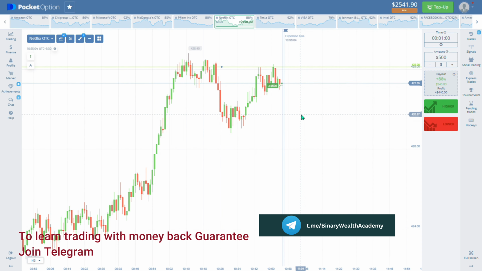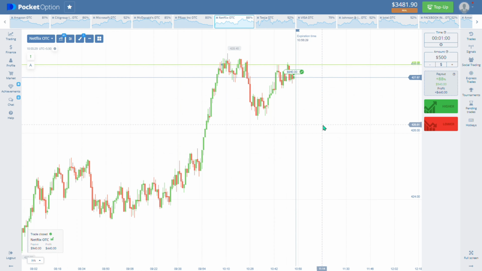We will win this trade short guys. As you can see here, market struggles a lot to go below our level, but we know guys, this candle is not gonna break our level where we place trade.